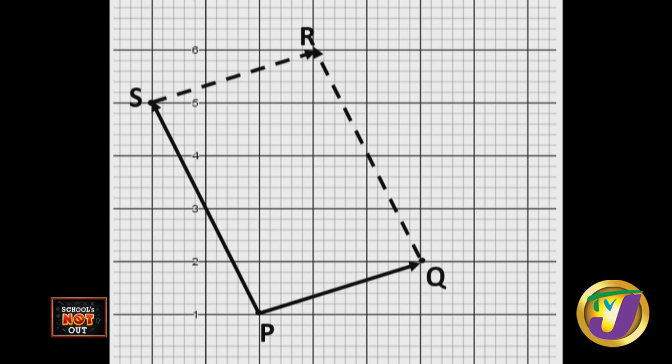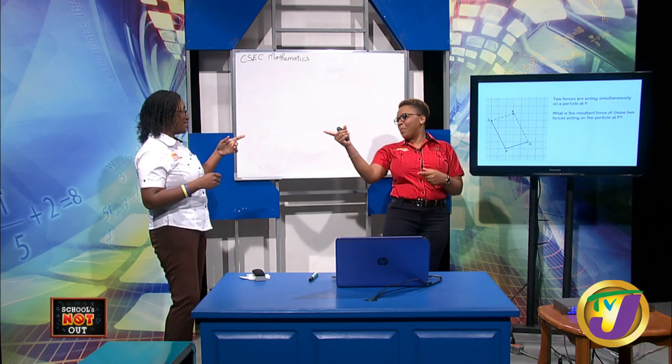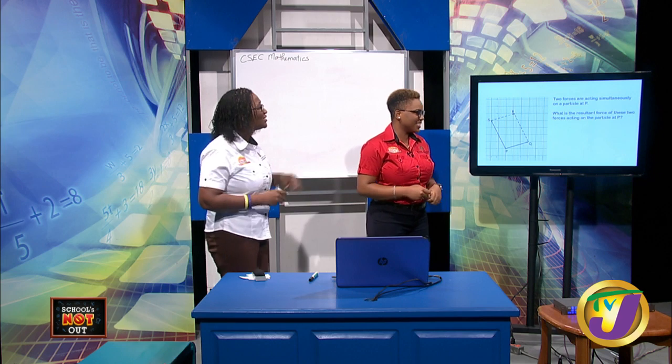We're looking at vector PS and vector QR. These vectors are parallel and equal, and the quadrilateral being formed has a special name. It's a parallelogram. That's the word. So we see a parallelogram being formed here.